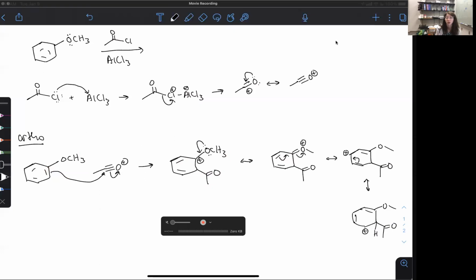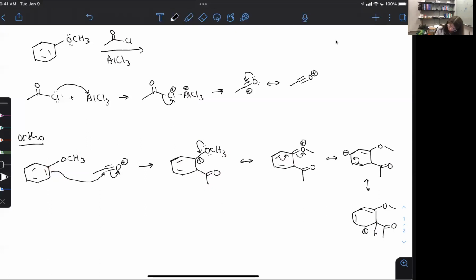So that's when we're going to go straight for the reformation of the benzene using our AlCl4- as a base. So then I get to that product. Okay, so that's how I would get to the ortho product.